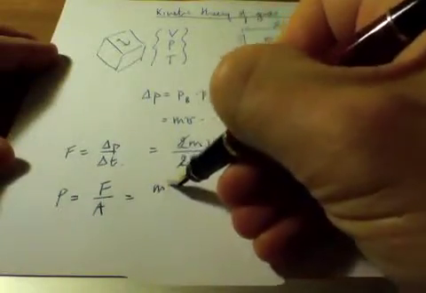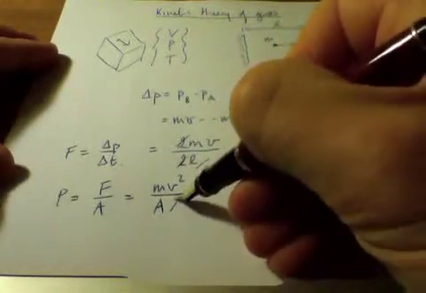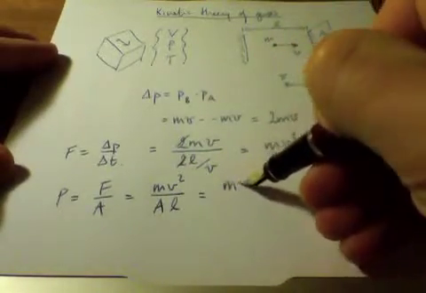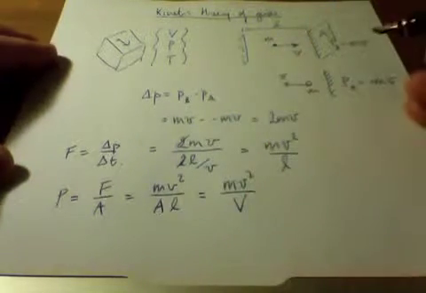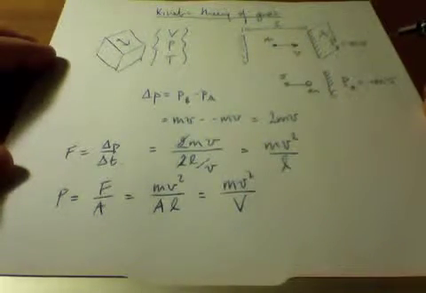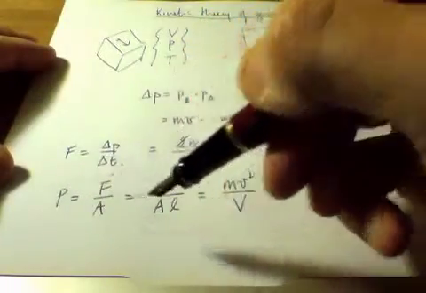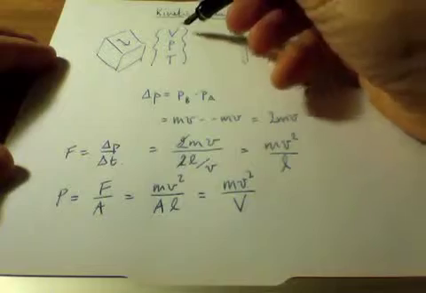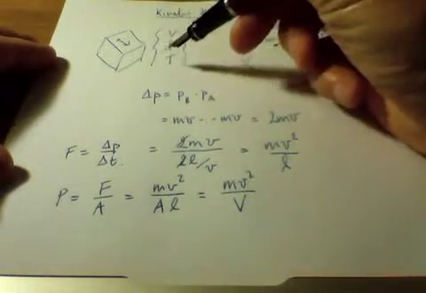And we have mv squared over AL this time, which is saying mv squared over a volume. Superb. This is really interesting because we've got a volume now and a pressure, and you can see this is leading us back towards the values that we had in the first instance.